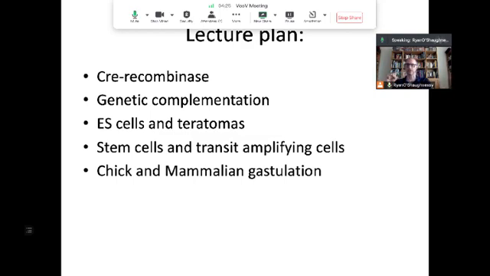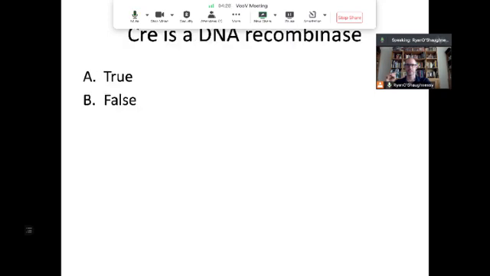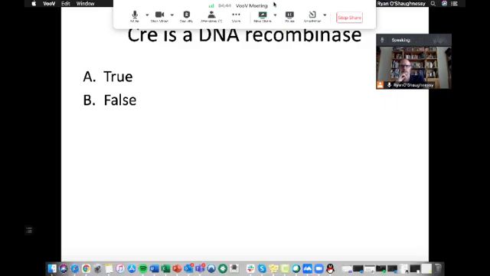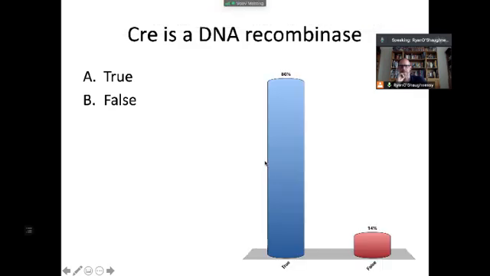So, to start off, we have a question. Cre is a DNA recombinase. So have a think about that. And as you can see, most people last year answered that as true.